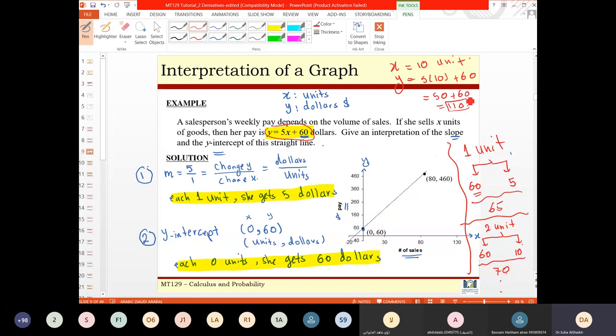This is the beauty about using equations هنا. It helps in estimation. أقدر أتوقع كم راح تاخذ لو باعت كذا لو ما باعت كذا.